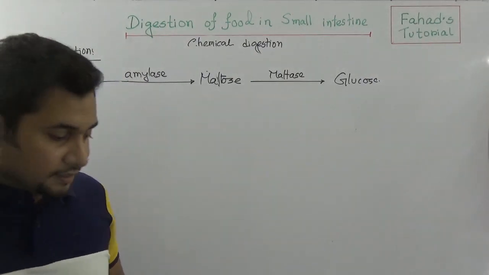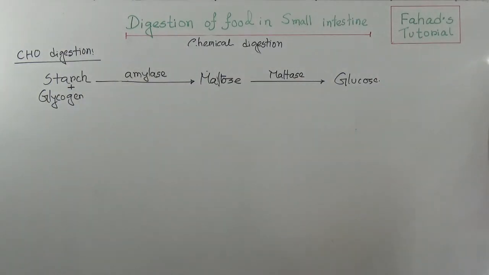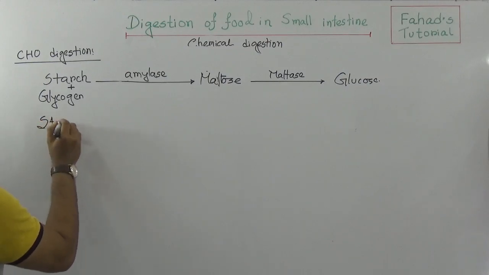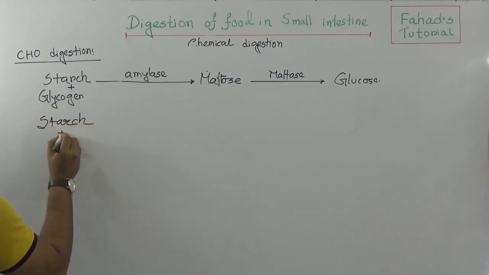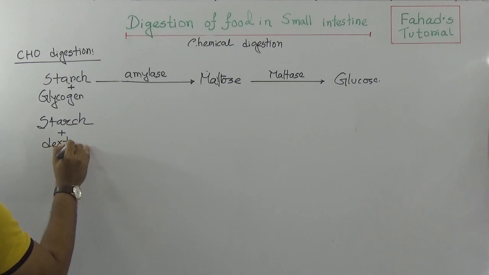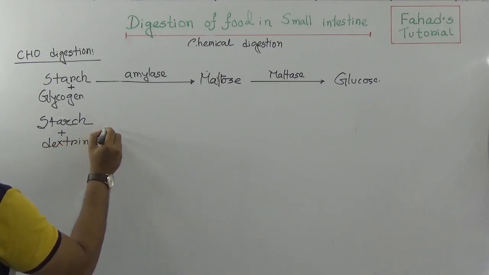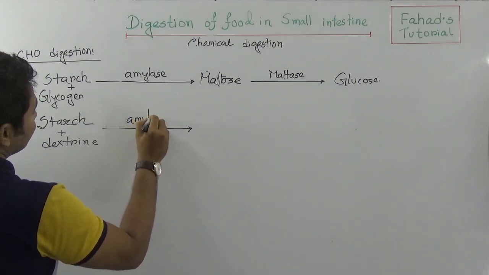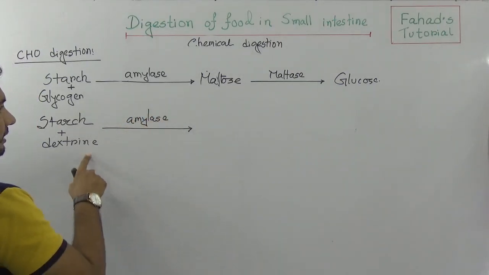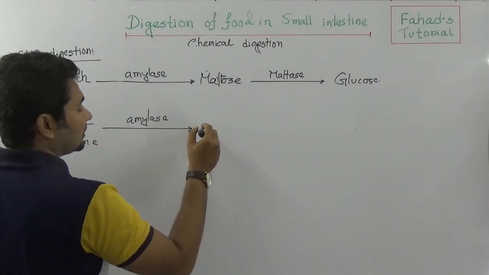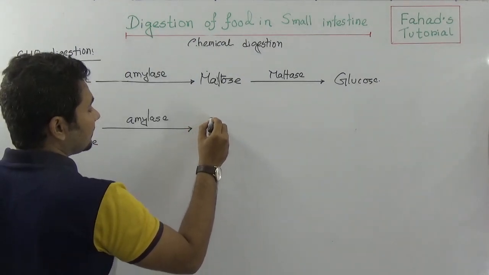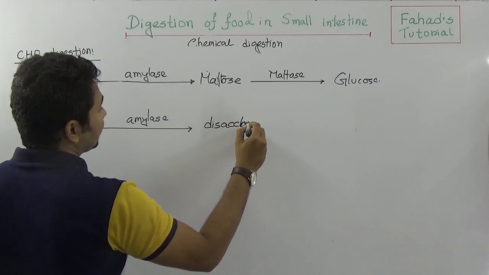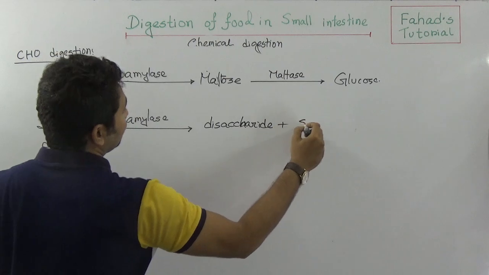Now you see that glucose, now starch and dextrin. Starch and dextrin will again be broken down with the activity of amylase. So it will be starch, then it will be disaccharide and small dextrin.